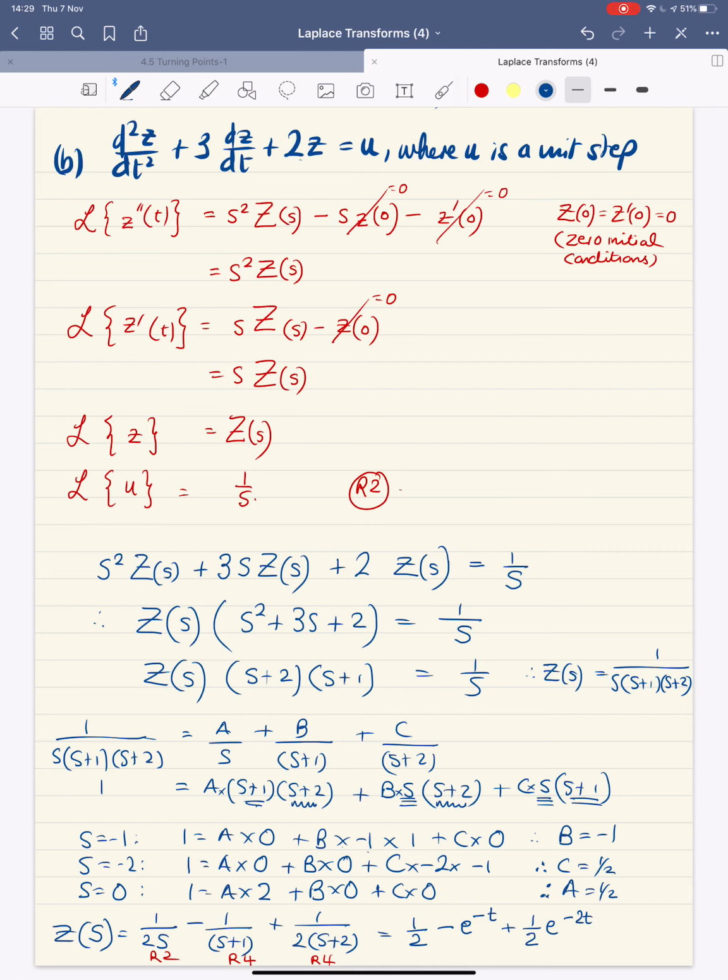Okay, so where these come from: that minus is from that one there, and this is minus 1, because it's that number with a change of sign. That half has come from there. And that 2 is that number with a minus, because that's plus 2 there. And that's the answer for that one. So therefore z of t, that should say there. Let me just rub that bit out.